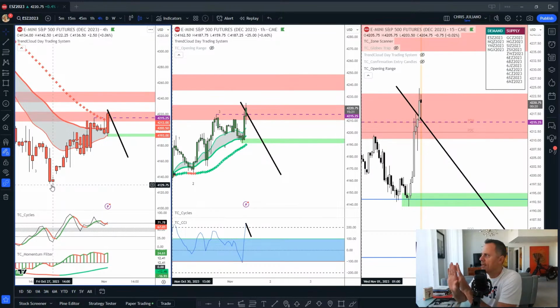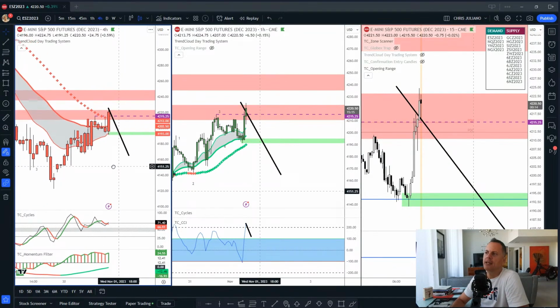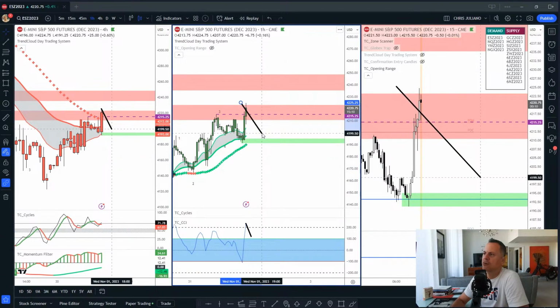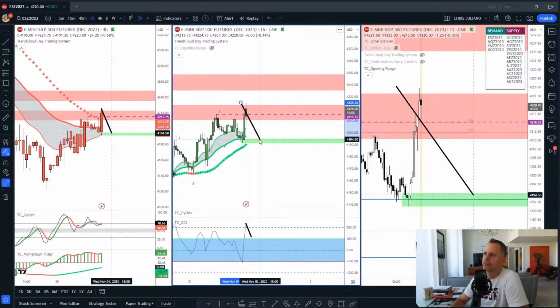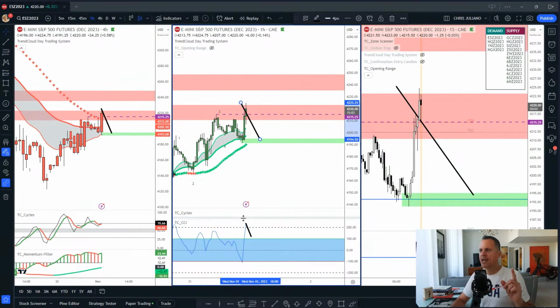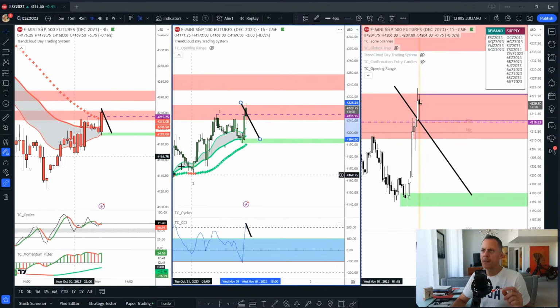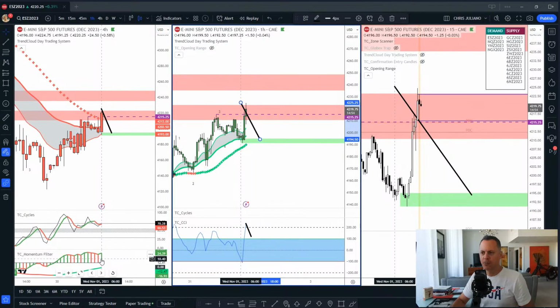So you see how we have the whole picture laid out for us? So as we're pulling back down into this demand zone here, we still have CCI momentum on our side. We have got the stochastic and the momentum to the upside, right?